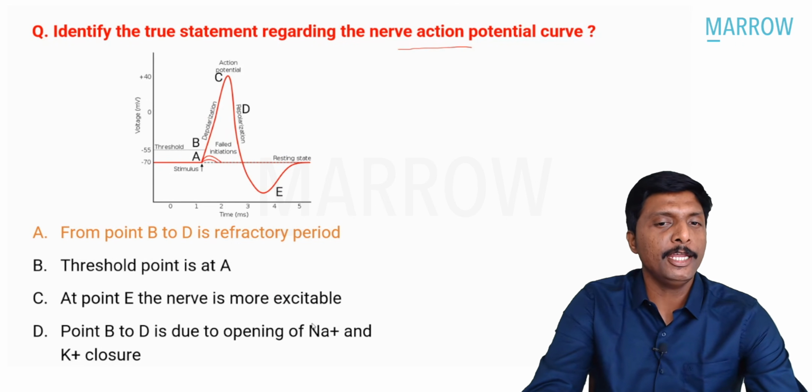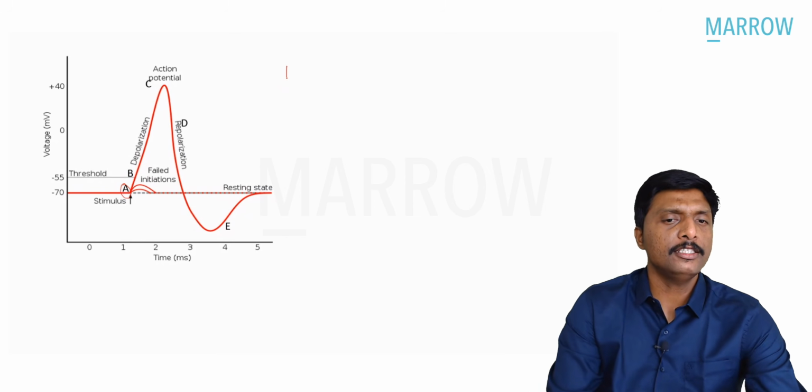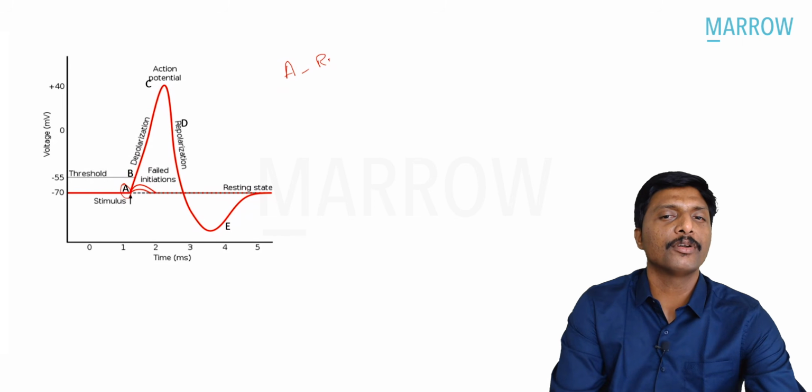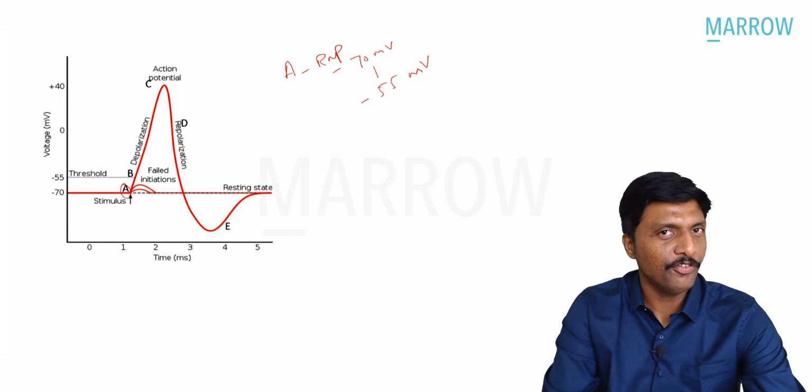From point B to D is refractory period. Why, sir? Look here very carefully. What is this point A in this graph? A is the resting membrane potential. For nerve, it is minus 70 millivolt. This minus 70 has to become minus 55 millivolt for an action potential to fire.